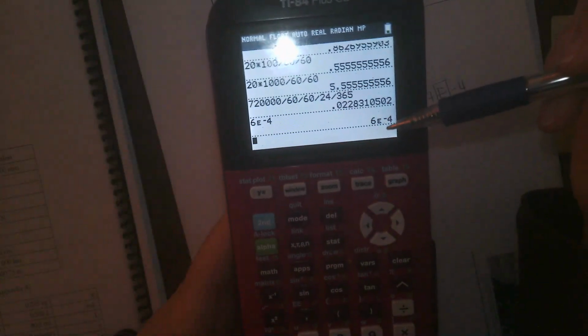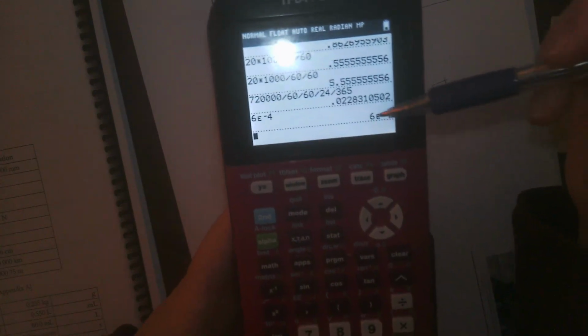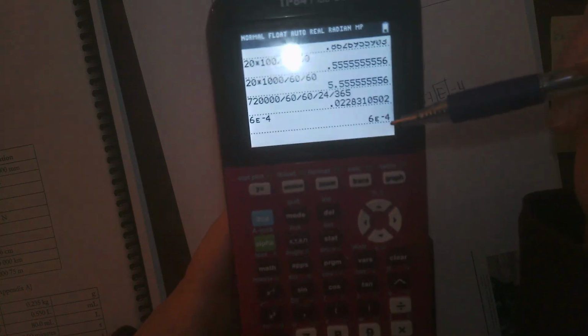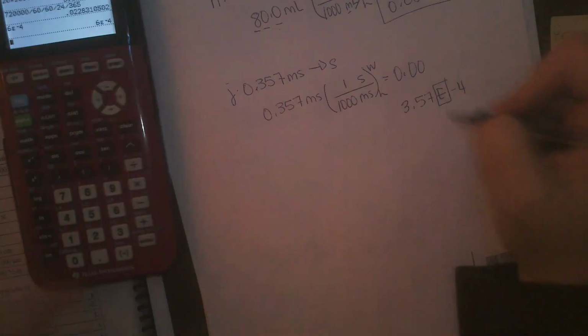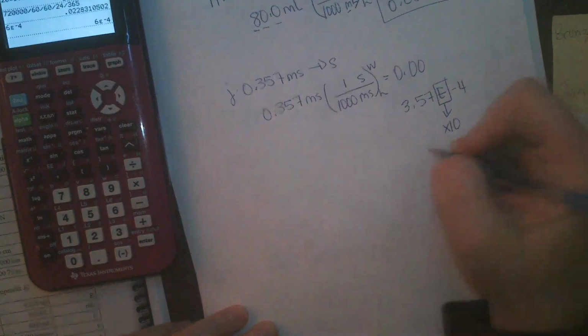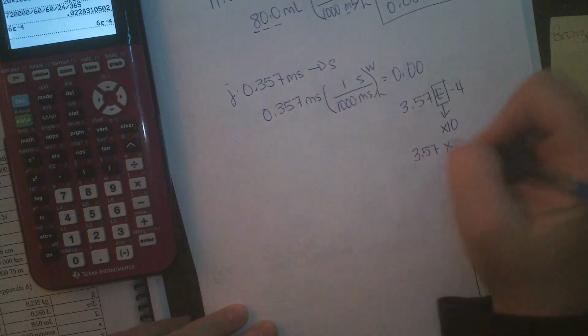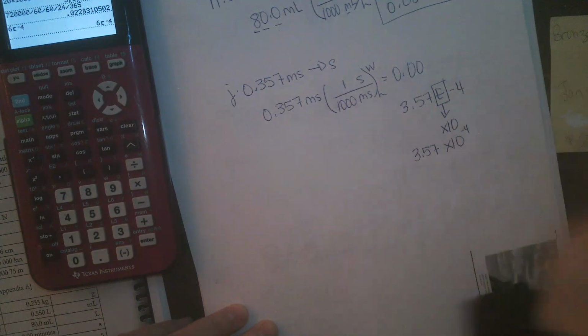His is 3.57 E negative 4, right? This E means times 10. So your calculator is actually saying 3.57 times 10 to the negative 4.